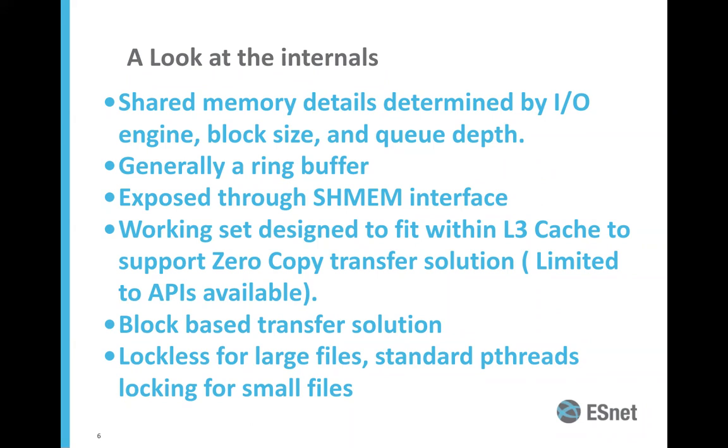At some point, the POSIX engine would read the file into it, signal that it has done that file read, at which point the network side would look at that same memory region and be like, okay, I'm going to start sending this out through TCP. It would do whatever it needs to do on that block. So in the case of checksumming, it will checksum the data, it then encrypts it, and it then goes out over the wire. Again, there's no memory copies within that. So with this L3 cache, it's a zero copy transfer solution.